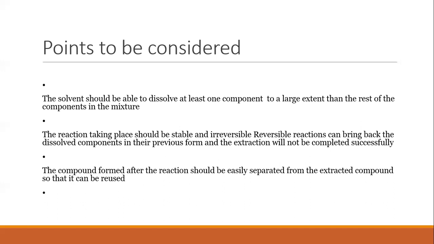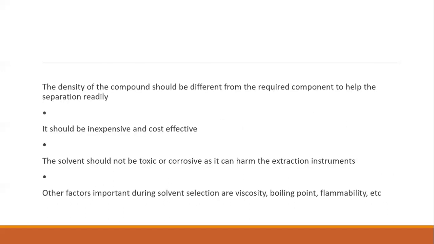The compounds formed after the reaction should be easily separated from the extracted compound so that it can be reused. The density of the compound should be different from the required component to help the separation readily. Of course, the difference in densities should be kept in mind.